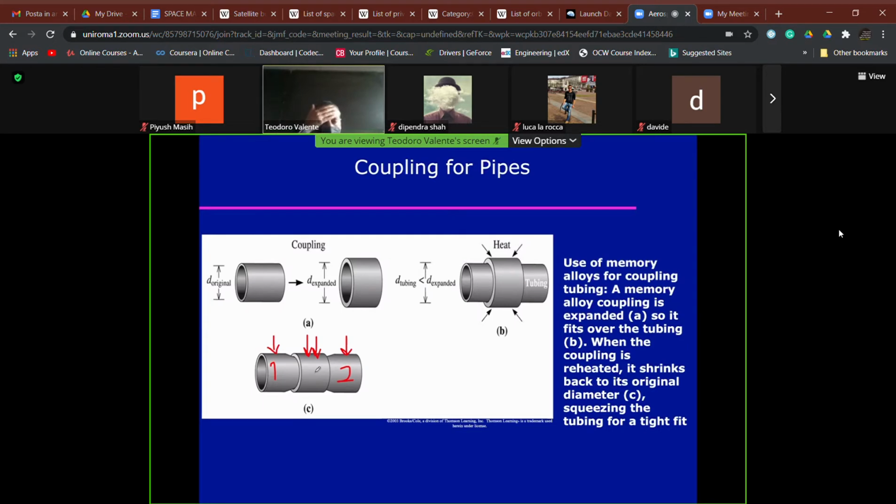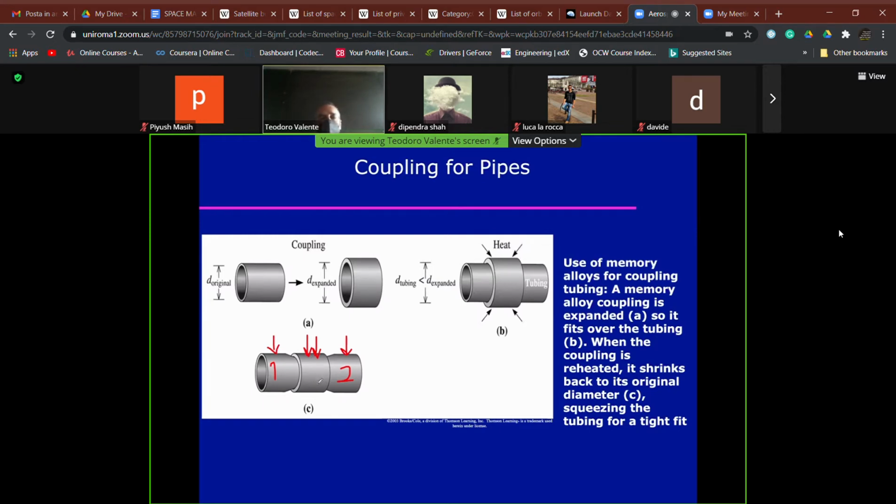Conceptually it is very simple: this final configuration, where the inner diameter of the ring is lower than the outer diameter of the pipes, must be for us the high temperature configuration, that is the initial shape and size that we have to recover after having activated the shape memory alloys.